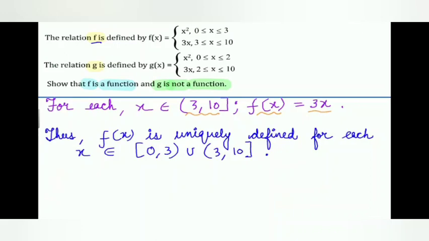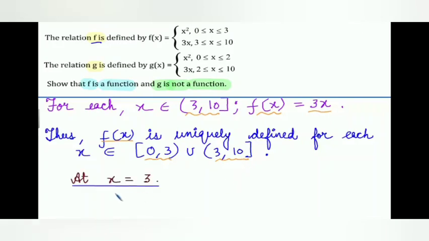Here the function is called a conditional function. It is defined for each x belonging to 0 to 3 union 3 to 10. That means x is defined from 0 to 10, but between 0 and 3 your function is x square, and between 3 and 10 your function is 3x.